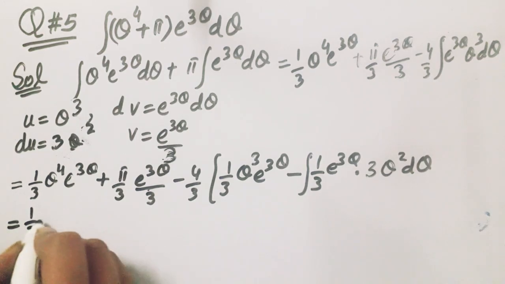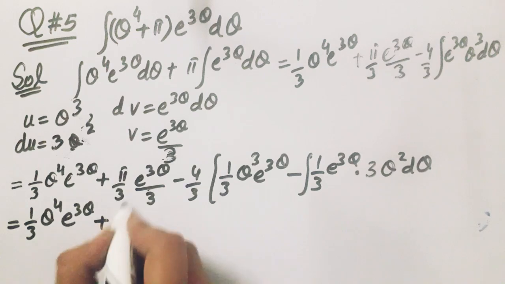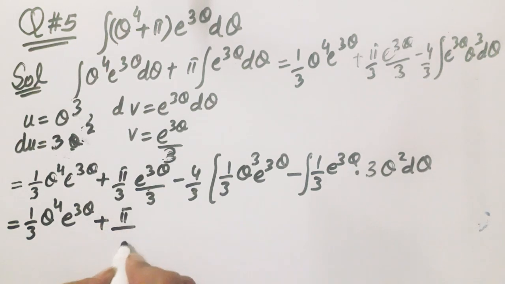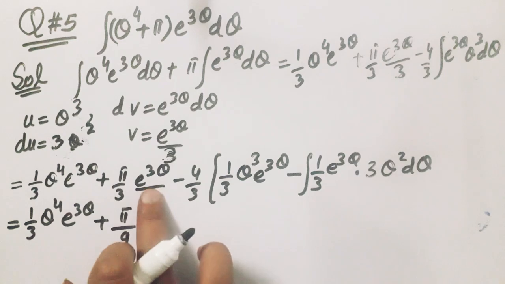So 1/3 θ⁴ e^(3θ) plus π/9, so this is π/3.